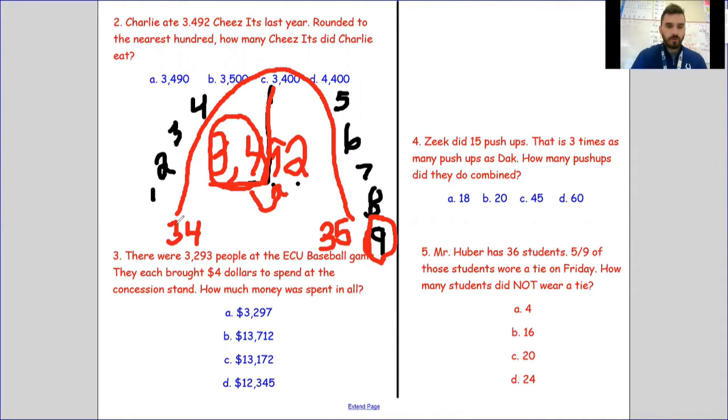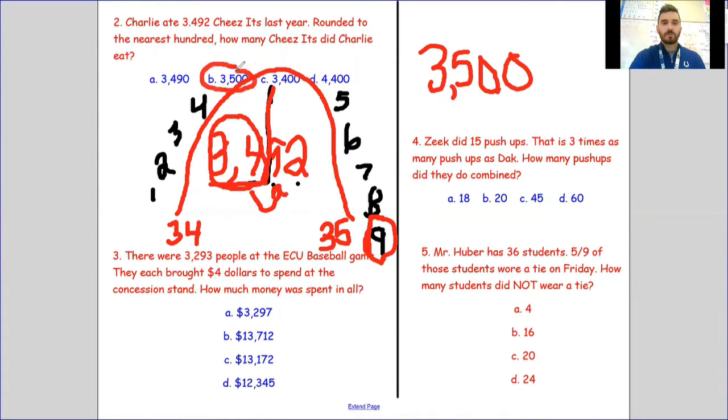Well, here's my 34 side. Here's my 35 side. That 9 is very clearly on the 35 side. So I'm going to write 35. And then, however many numbers I have over here to the right of the line, which is 2, I add that many zeros. Boom, boom, and that answer would be 3,500, which is B.